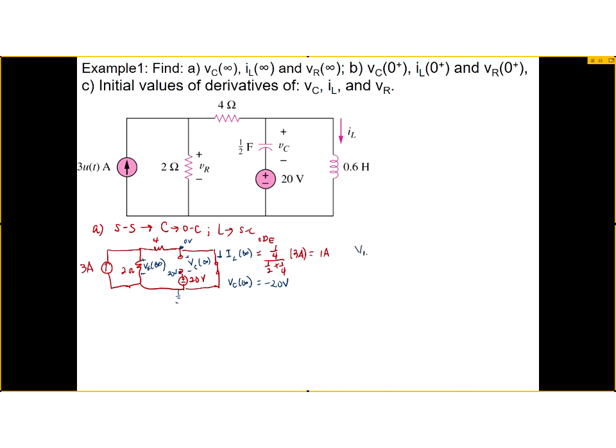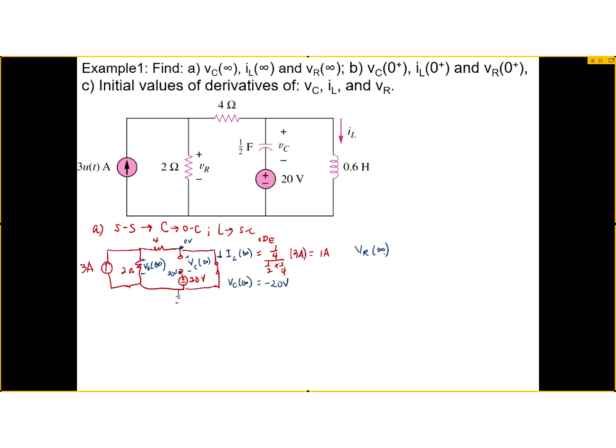Finally, what is VR at infinity based on this picture? So we already know that the branch that goes through the inductor, which is the same branch as the 4 ohm, is getting how much current? 1 amp.